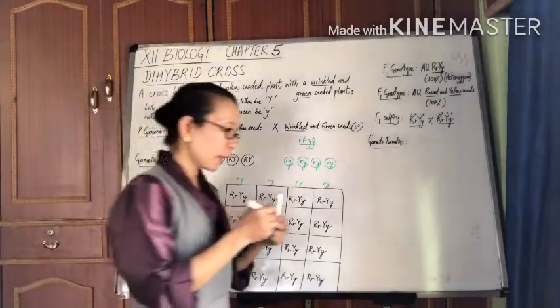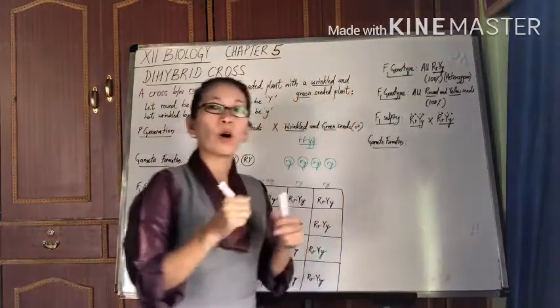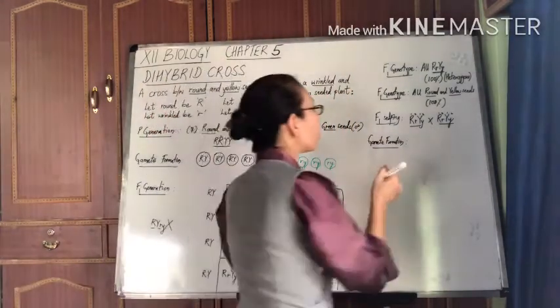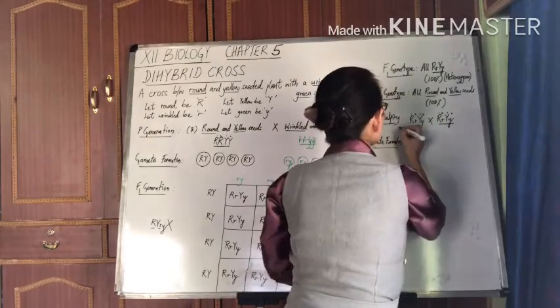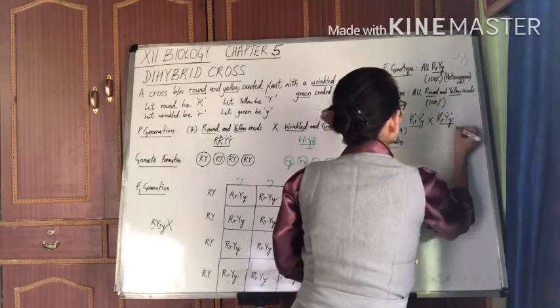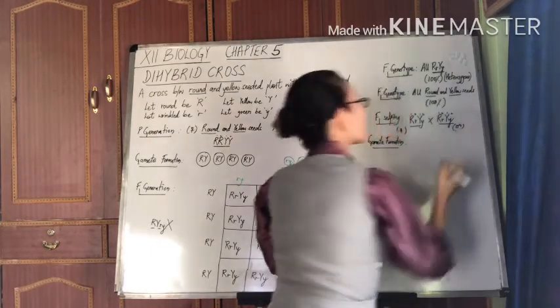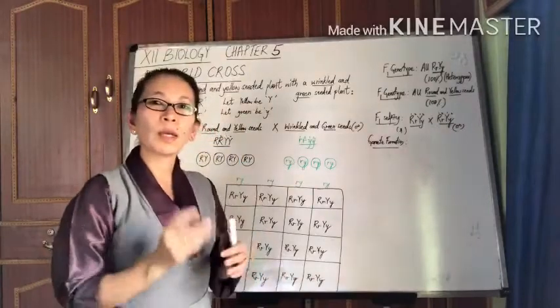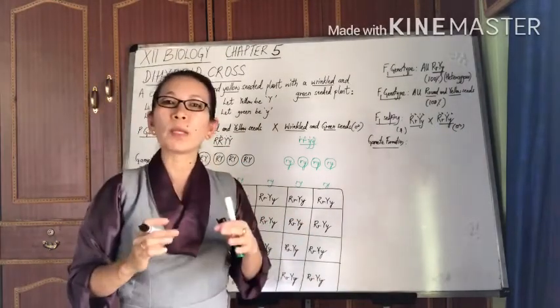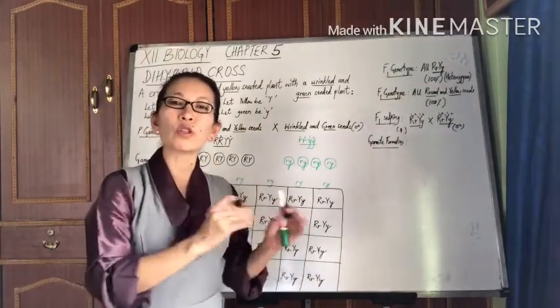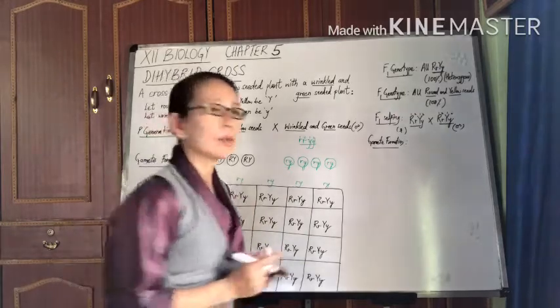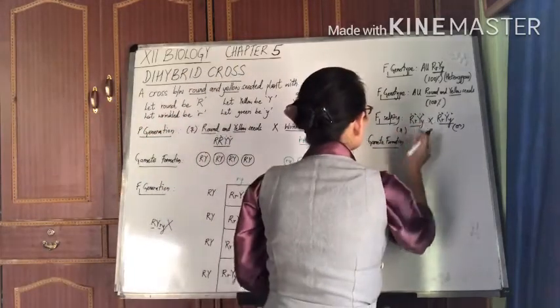So in that kind of combination, how do we have the possible gametes from each of these female and male sex cells? We can have 4 possible combinations of gametes from each of the male and female sex cells. So what about the female gametes?